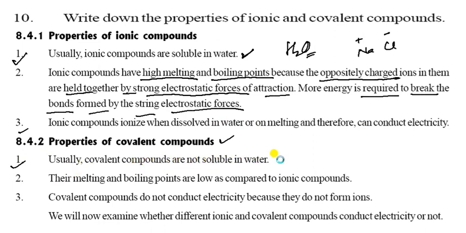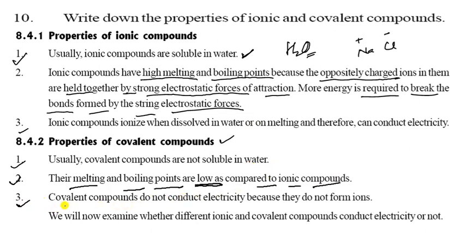Now the third one: ionic compounds ionize when dissolved in water or on melting and therefore can conduct electricity. That means they conduct electricity easily and convert into ionic form in water. Now what is the property of the covalent bond?